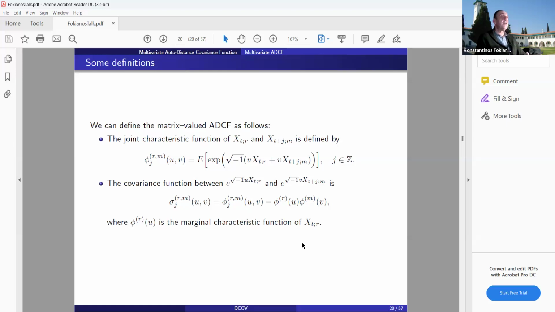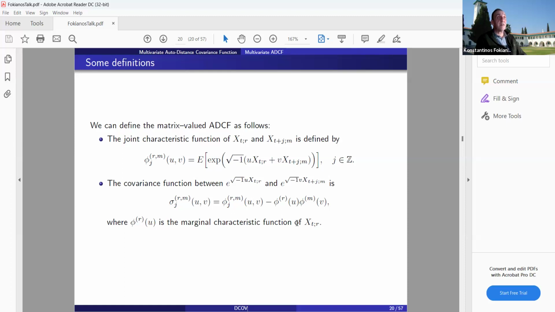You take the R-th component of the series and the M-th component at time t plus j, and then you take the joint. The covariance between this and this is the joint minus the product of the marginals.